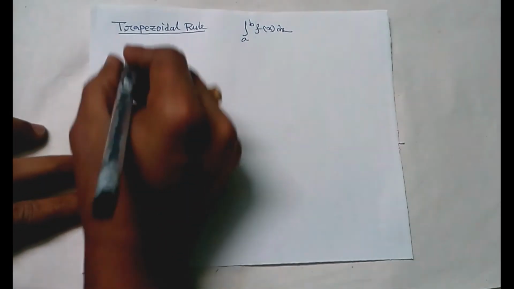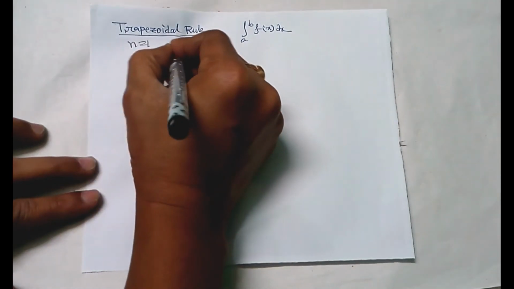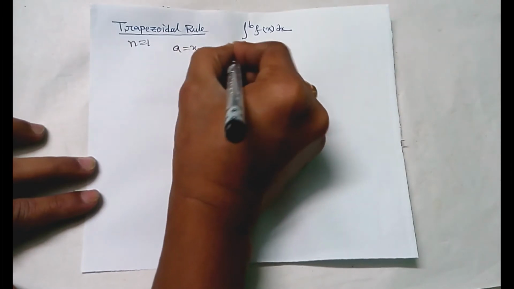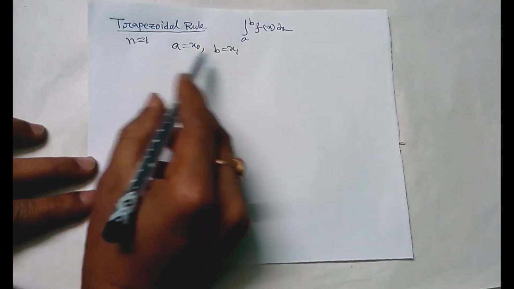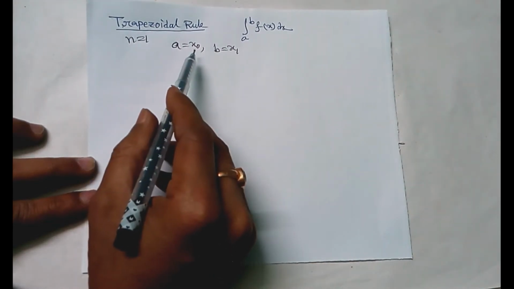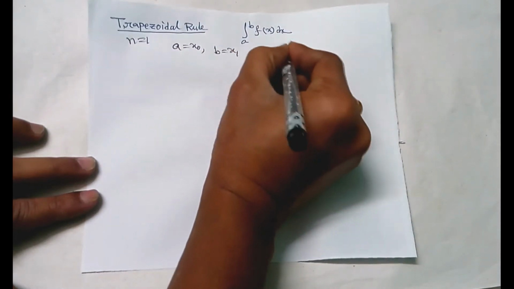So if we put n equal to 1, then we have only 2 points, namely a equal to x0 and b equal to x1. So we have only 2 arguments x0 and x1, such that x1 equal to x0 plus h.